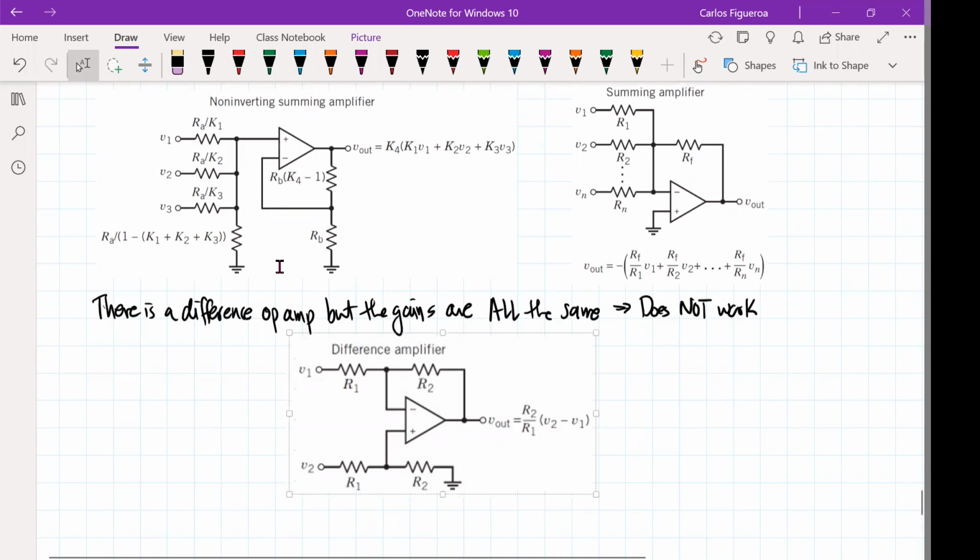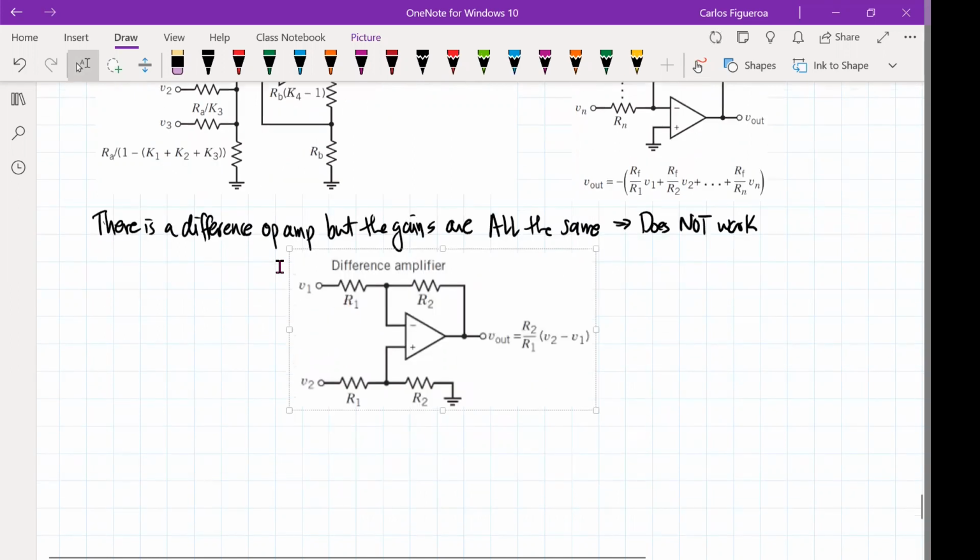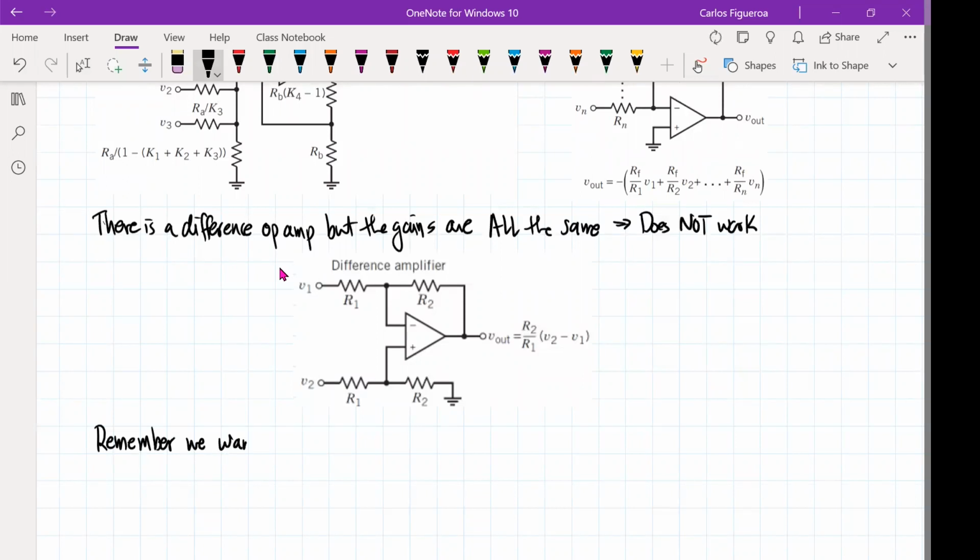So in order to get the values that we want, remember, we want 5V1 minus 2V2. So that tells me that the first thing I got to do here is that I'm going to have to use some type of summing amplifier.